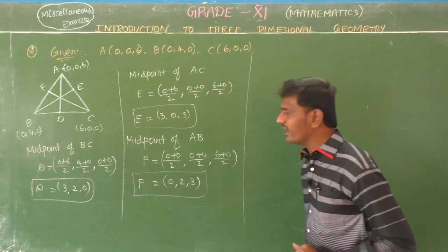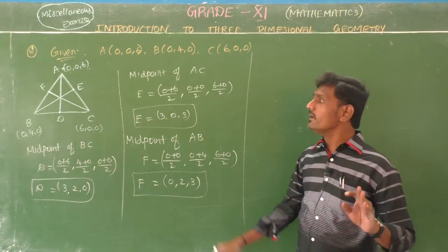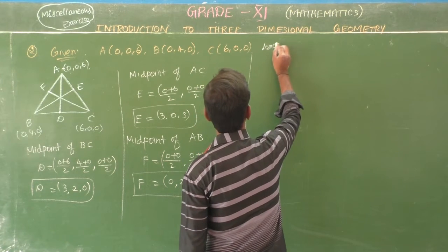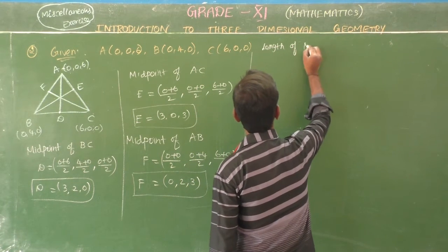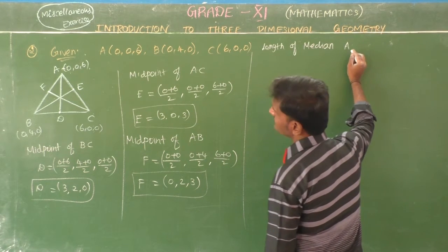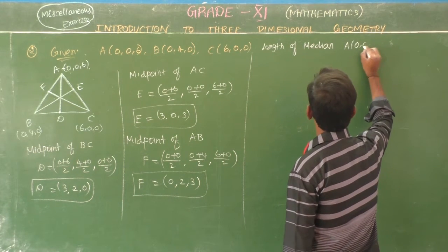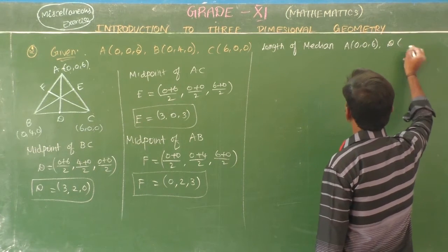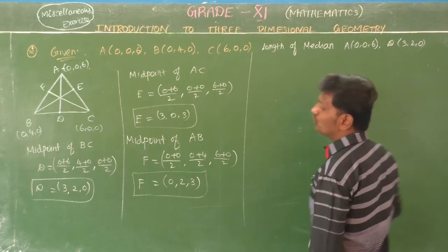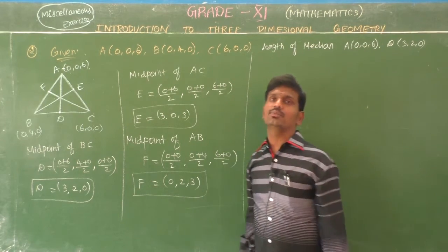Now I am going to find the length of the medians. First, the length of median AD. A is (0, 0, 6) and D is (3, 2, 0). Use the distance formula.